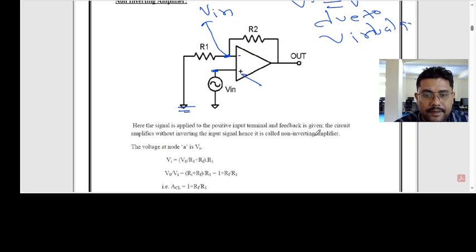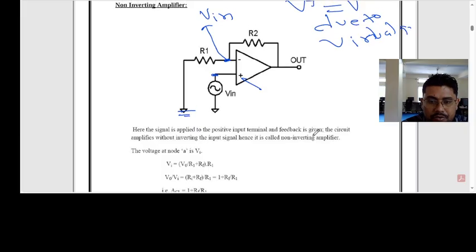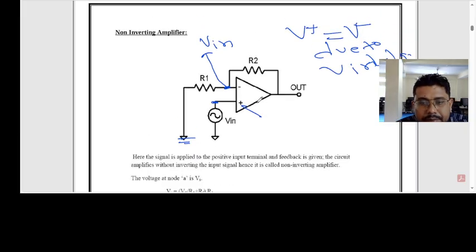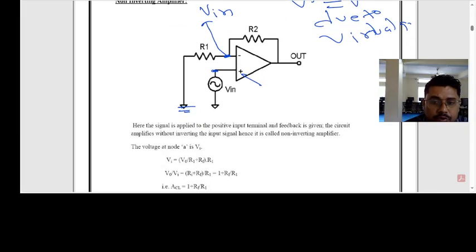Again we apply KVL for deriving the closed loop gain. Here V in is there, and the current flows from here to here.